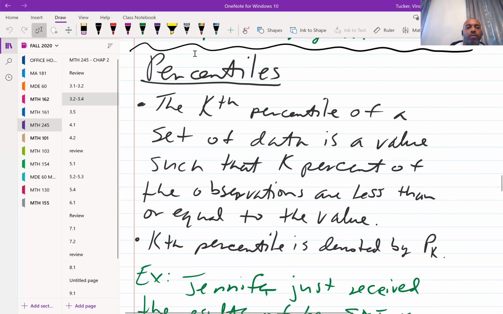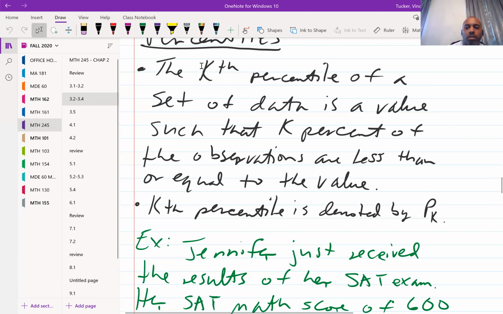Give you guys a chance to write what's in black. All right, everybody good?